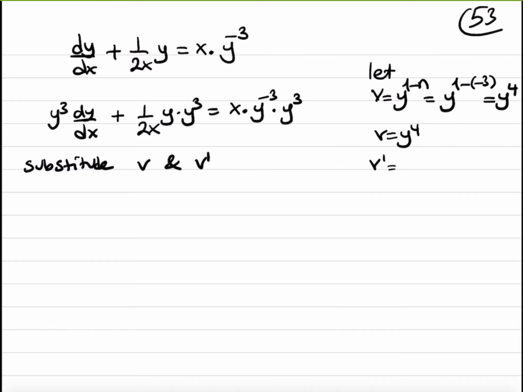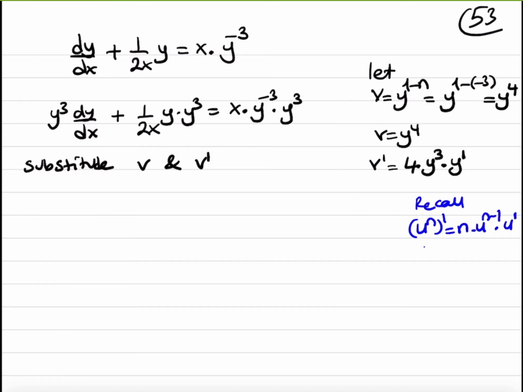So what is v prime? It is 4 times y cubed times y prime. So recall how we take the derivative of u to the power n. It is n times u to the power n minus 1 times u prime. So the derivative of the inside.